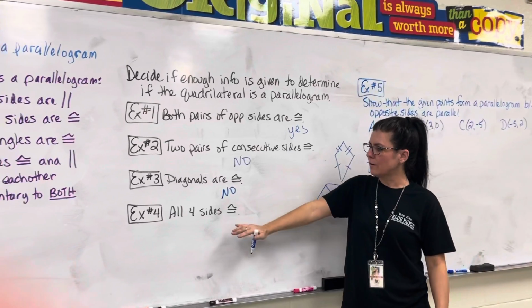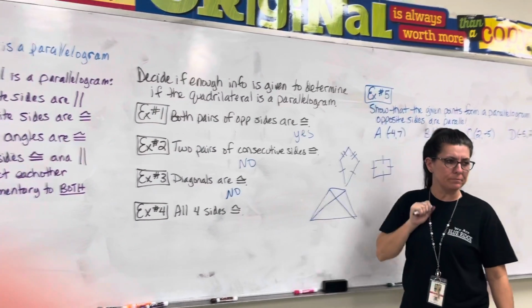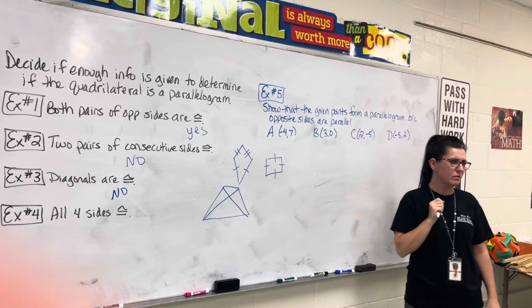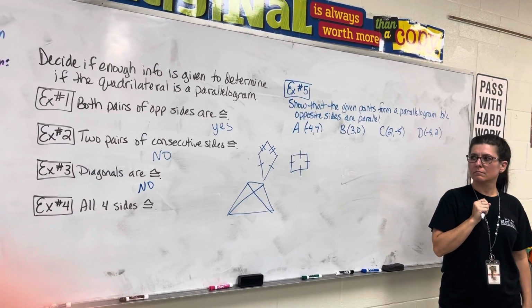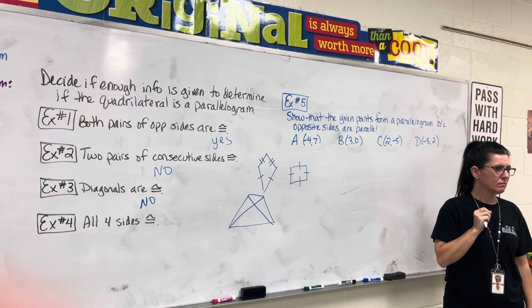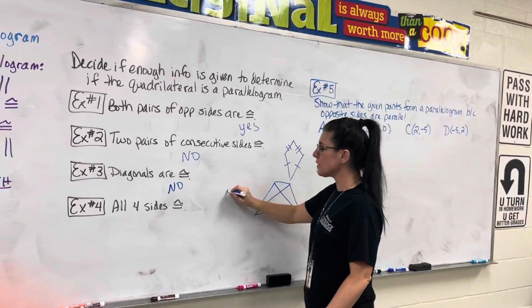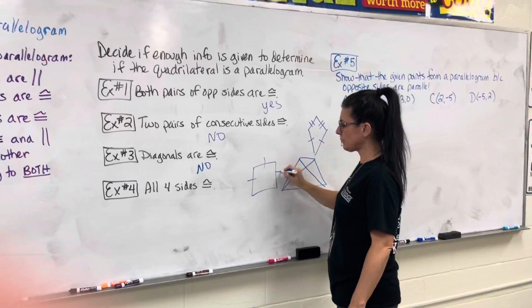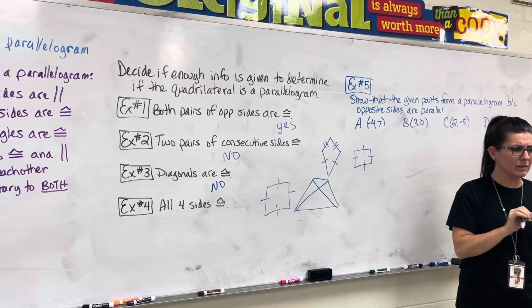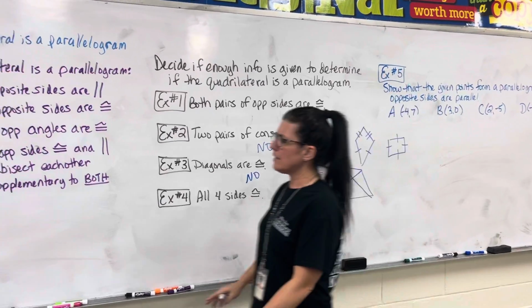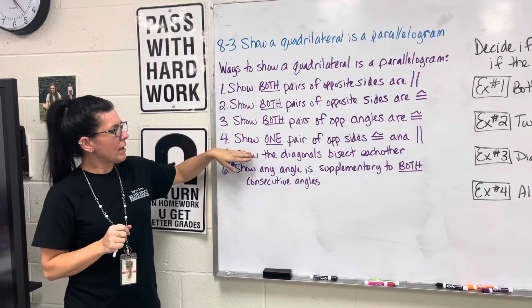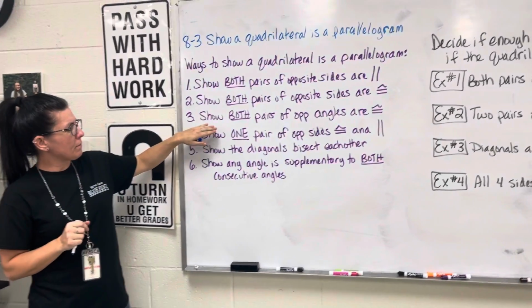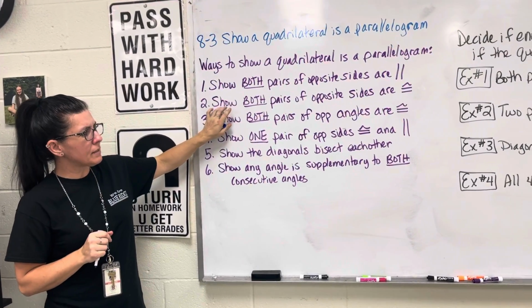What about the last one? All 4 sides are congruent. You have to think about this one. So if all 4 sides are congruent, it's obviously going to look something like a square. Is any of these true because all 4 sides are congruent? What about both pairs of opposite sides are congruent?